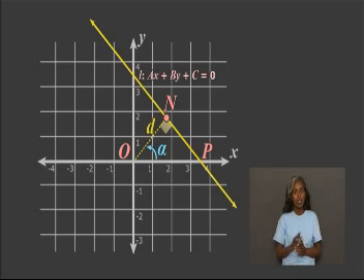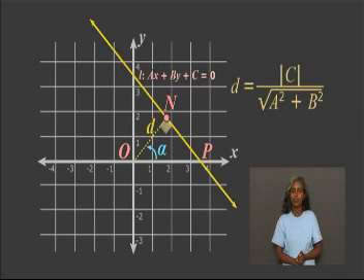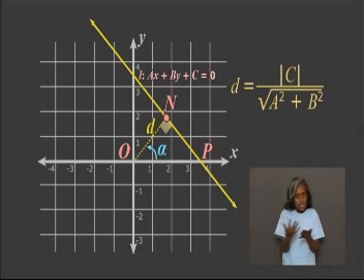Let L be the line Ax plus By plus C equals 0. To find the distance from the origin to any line of this form, we take the absolute value of C and divide it by the square root of A squared plus B squared.